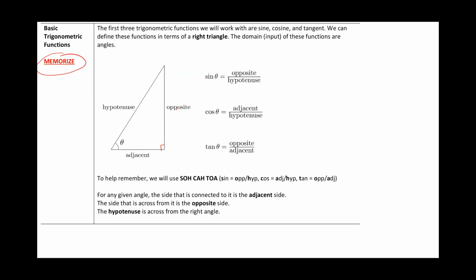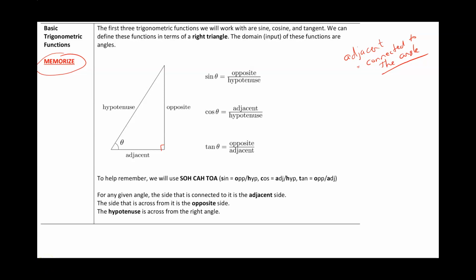So here's how you know which side is the adjacent side and which side is the opposite side. The adjacent side is always going to be the side that is connected to the angle. Whatever side is connected to the angle, that is going to be the adjacent side.